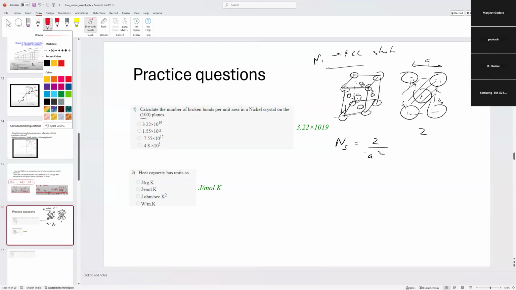So if you imagine this atom, the nearest atoms are this one, this one, this one, and this one. All are the four face center ones. So how many bonds are broken for this one? So you have four broken bonds.